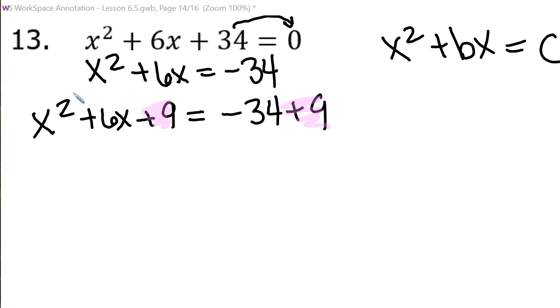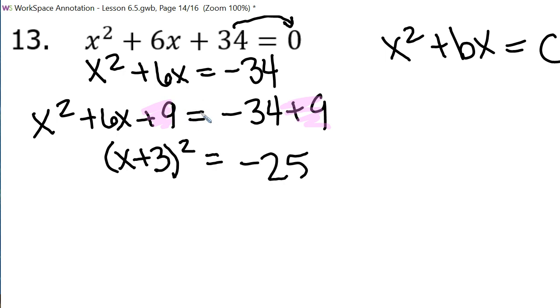Back to the perfect square trinomial, what goes in the parentheses? X plus 3. And what is -34 plus 9? -25. How do I get rid of the square? Square root it. So if you square root the left side, you also need to square root the right side. What happens when we square root the square?